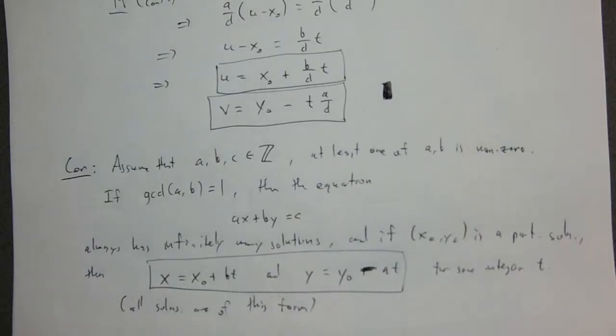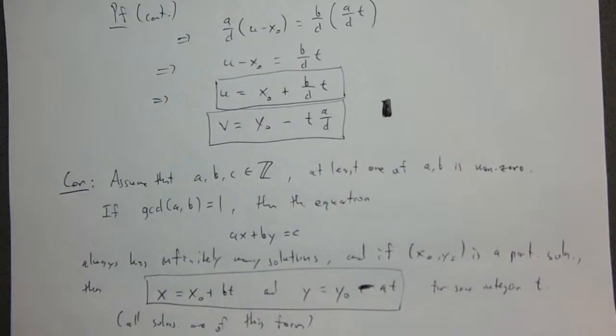All right, so that's nice because we basically know exactly what is going on. In this case, there's no mystery. You look at the equation, you look at the GCD of a and b, and you know immediately whether or not the equation has integer solutions.